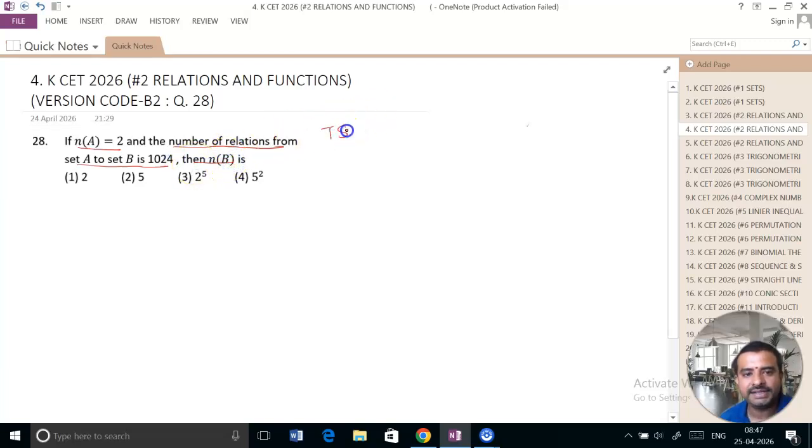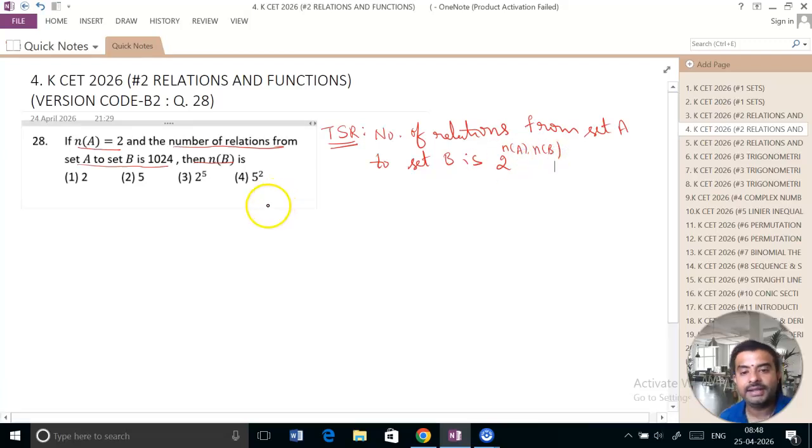Here the time saving result is: the number of relations from set A to set B is 2 power number of elements in set A into number of elements in set B. See why? The relation is nothing but a subset of the Cartesian product.